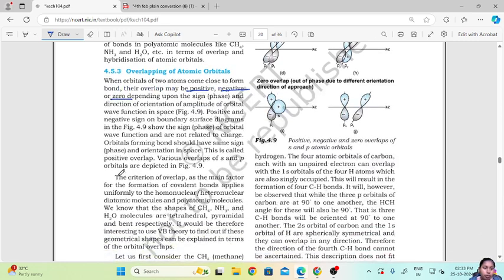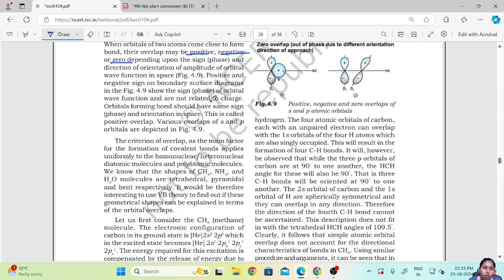So orbitals forming a bond should have the same sign and orientation in space. This is called positive overlap.